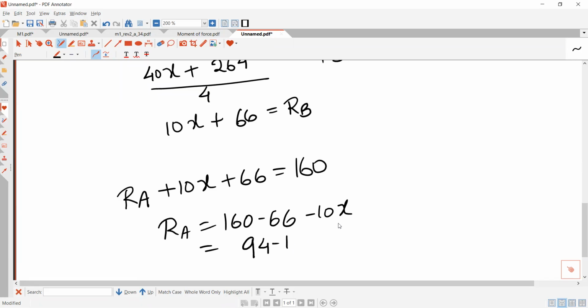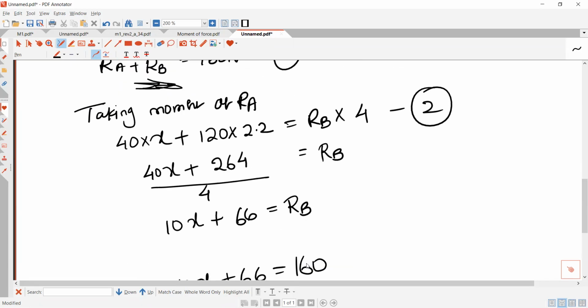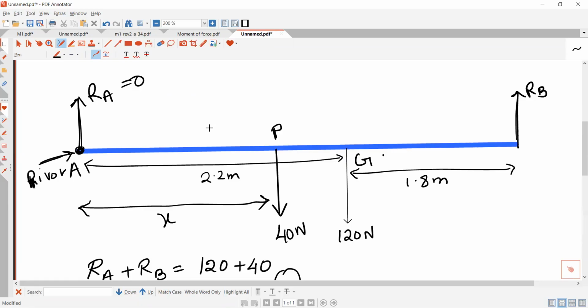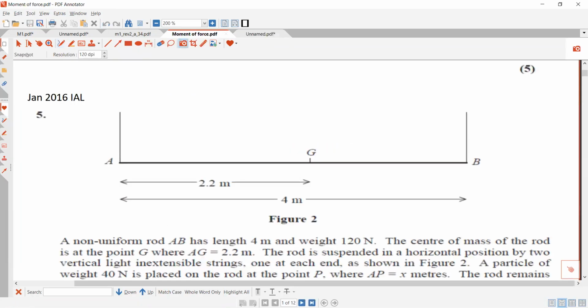94 minus 10x. Now let me see whether it matches with the mark scheme or not. Jan 2016, question number 5. You guys are in IAL, you are in A level now. Oh, sorry. Thank you for realizing it.